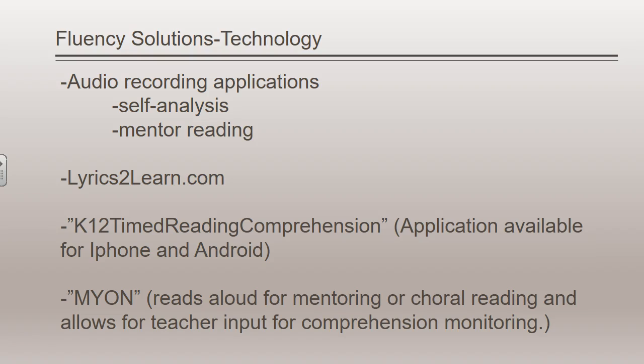But the fabulous thing about that app is it records the student's reading. It provides a fluency score. It also addresses comprehension. The students are asked comprehension questions at the end of each passage that they read. And I like that the passages are responsive to the student's previous fluency score and kind of build in the rigor.